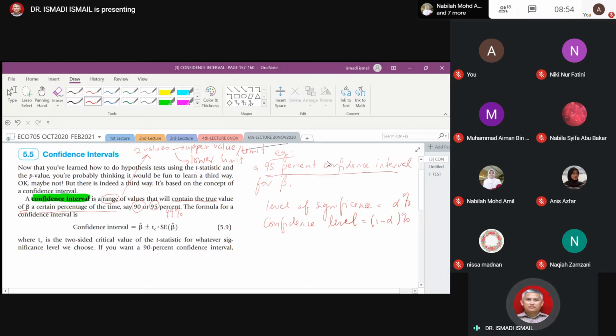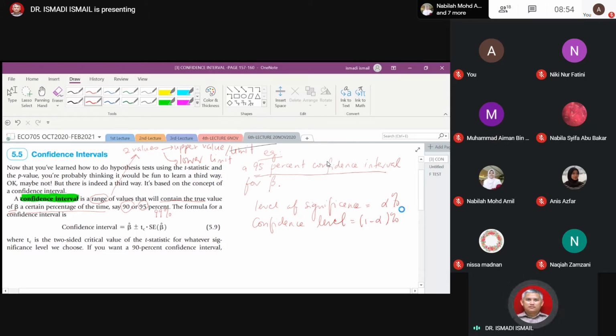In this case, if it is 5%, the confidence level is 95%. Remember that alpha is the type 1 error.